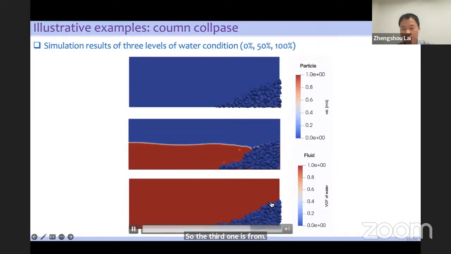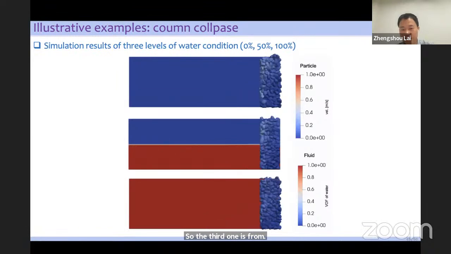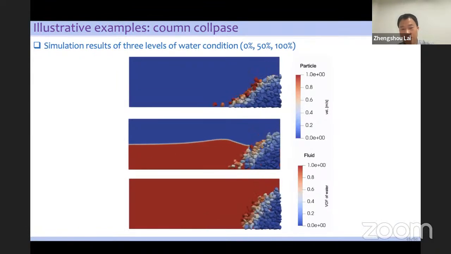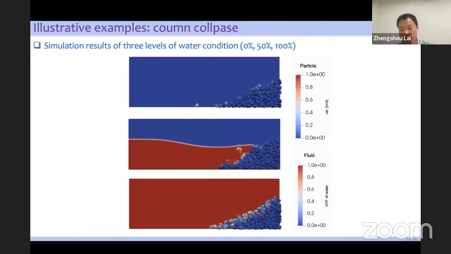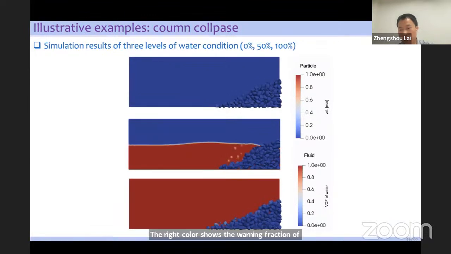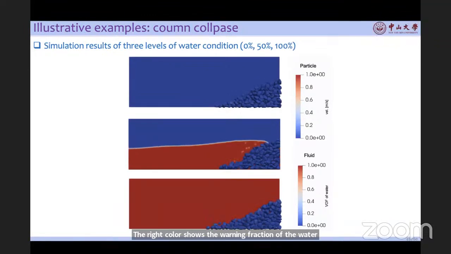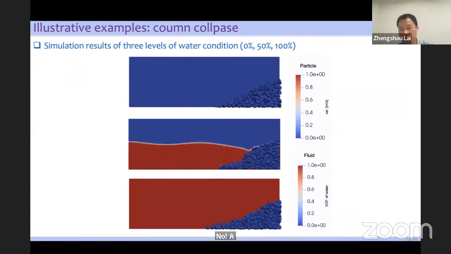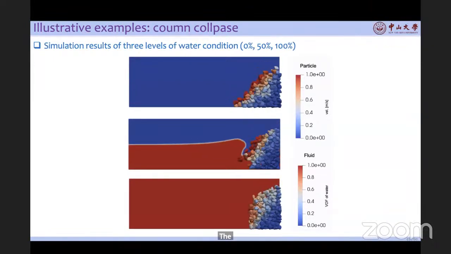The third case is the fully immersed case. The red color shows the volume fraction of the water. Okay, so there is no air. Yeah, the third case has no air.